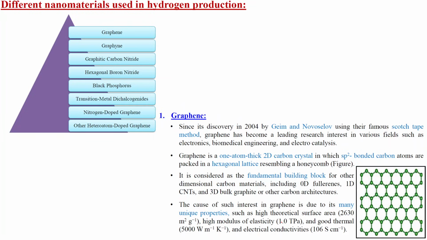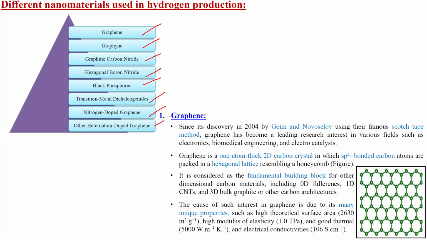So there are various nanomaterials used, mainly graphene, graphitic carbon nitride, hexagonal boron nitride, black phosphorus, then transition metal dichalcogenides, then nitrogen doped graphene, and other heteroatom doped graphene. So basically, graphene, you might have heard, is a very famous nanomaterial which is gaining a lot of interest right now.